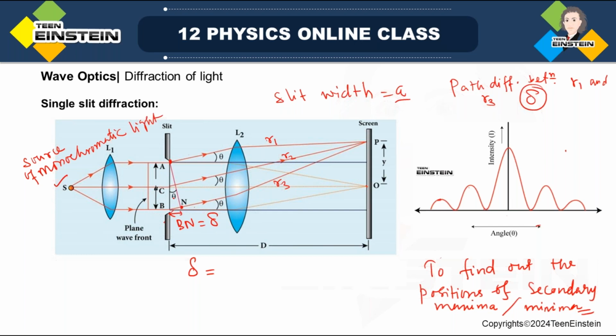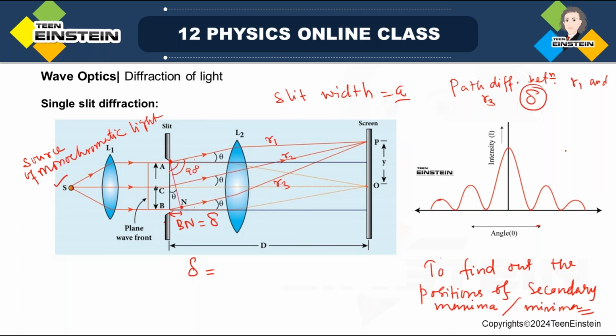To find this delta, let me tell you: if AN is perpendicular to this ray, and since the rays are parallel, this total angle will also be 90 degrees. If you agree with me, then I'm happy. So this is perpendicular, 90 degrees, and this much is theta.